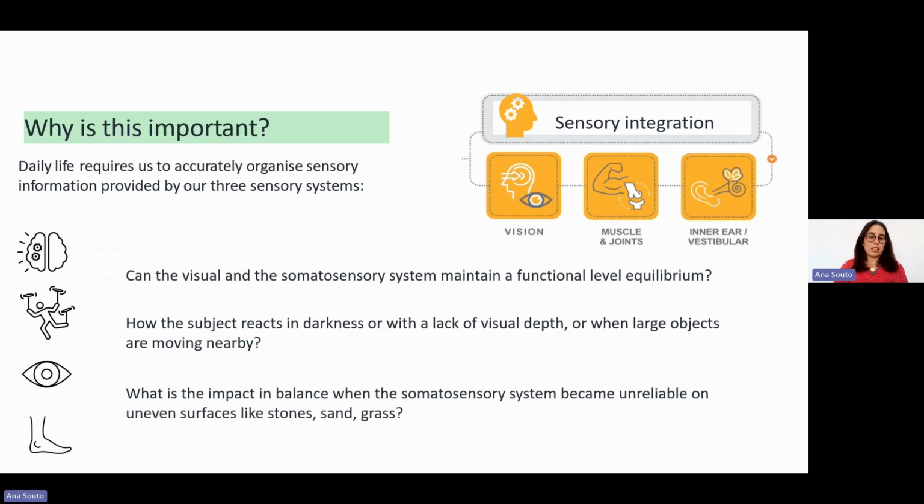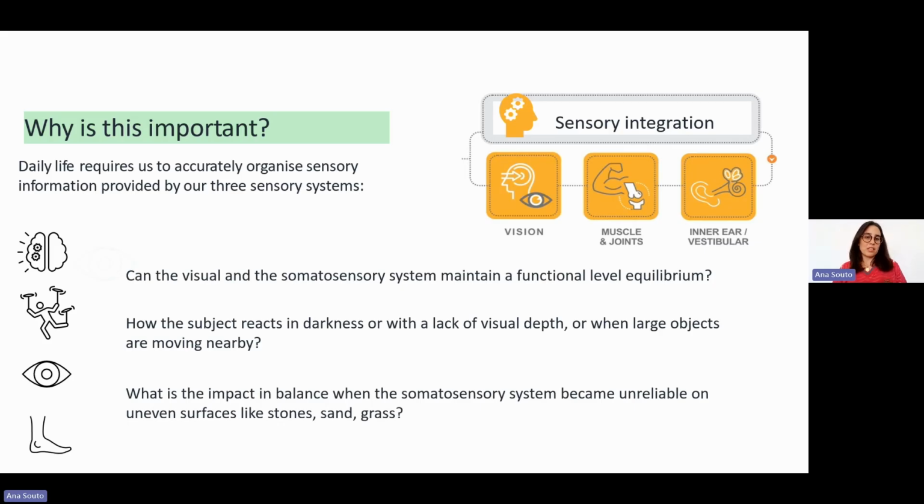So we need to ask, when we have a patient that comes with any balance problems, not only if the sensory systems are collecting the information, but if this process is also happening in an efficient way.